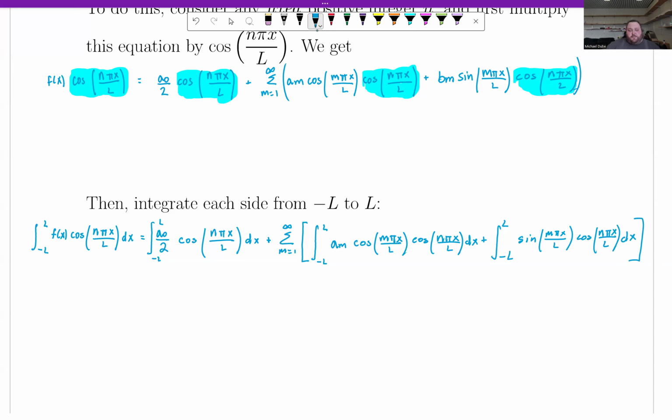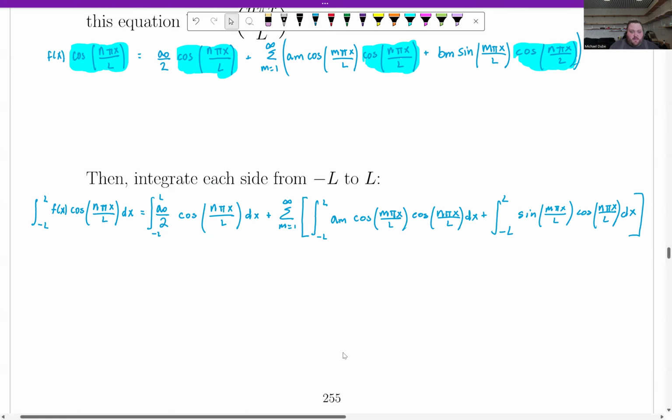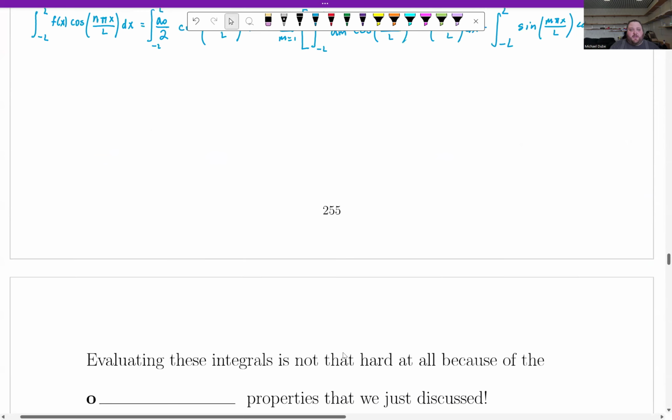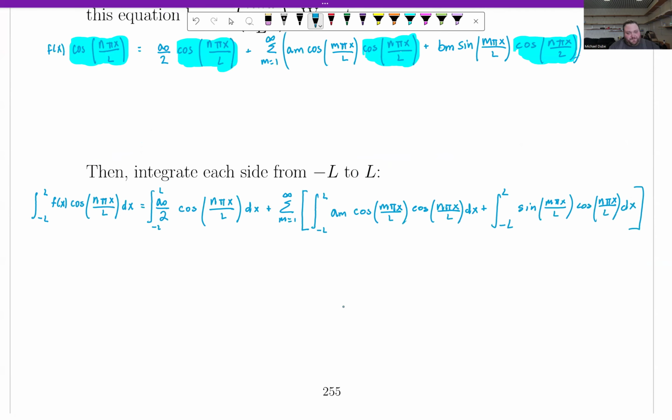Okay, good. So all we've done here is taken our previous line and integrated from negative L to L. Okay, so we'll evaluate these in place.